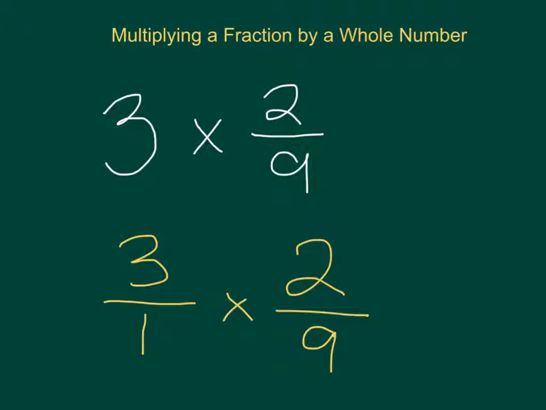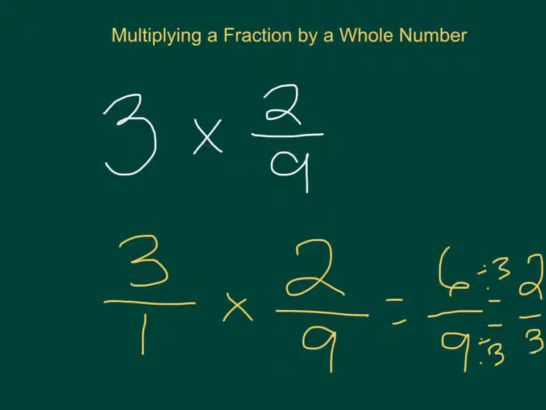And then I would just multiply straight across. 3 times 2 equals 6. 1 times 9 equals 9. So 3 times 2 ninths equals 6 ninths, or in simplest form, we can reduce 6 ninths by 3. So that becomes 2/3 in its simplest form.